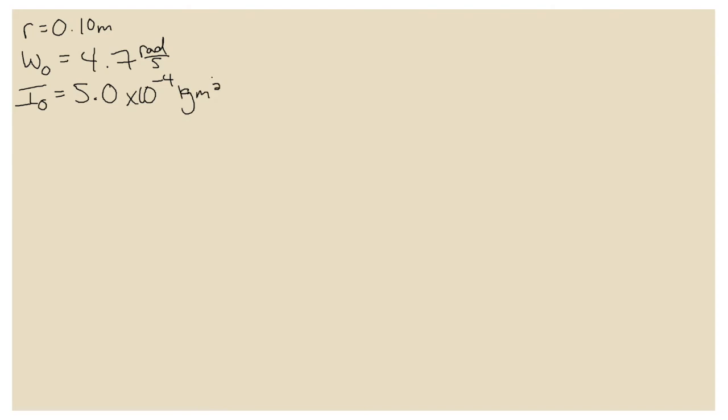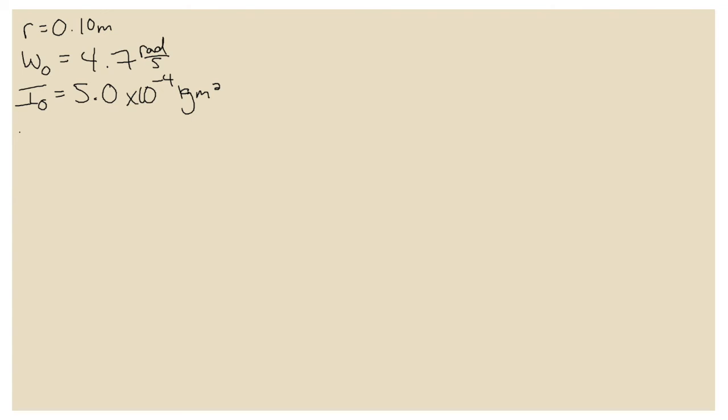Now, some of you might be thinking, why are you writing that as I naught if that's the rotational inertia of just the record? It's important to realize the putty isn't spinning or revolving until it sticks to the record. And so it makes no contribution to the initial angular momentum of the system. The initial angular momentum of the system is due to just that of the record.